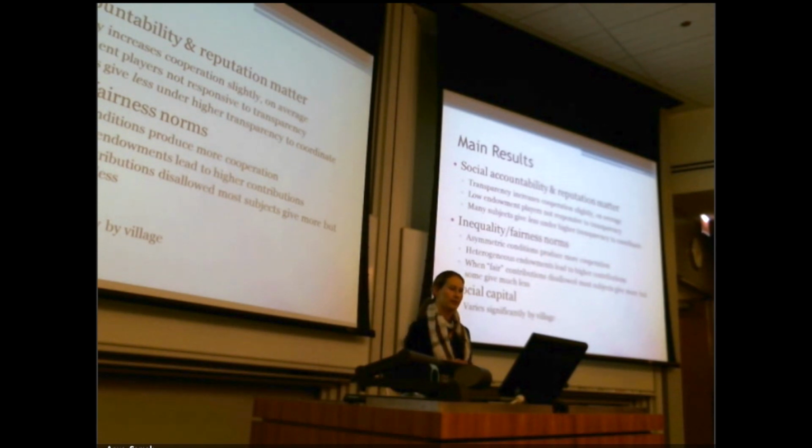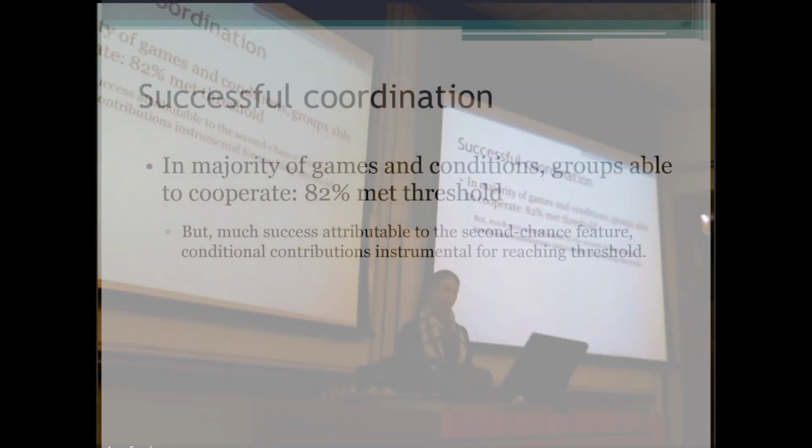Heterogeneous endowments lead to much higher contributions. When we have poor and rich people, we end up having higher contributions. And when fair contributions are disallowed, most subjects give more, although some give less. So we see a sorting into people who end up giving more and people who end up giving less in these situations. And social capital, as we predicted, varies significantly by village.